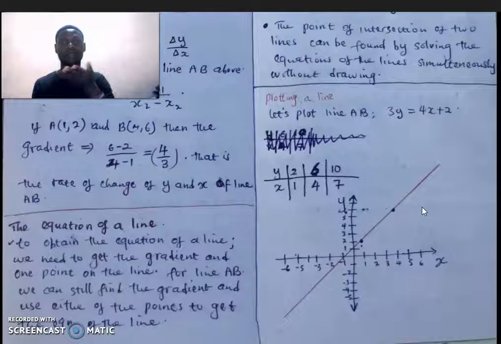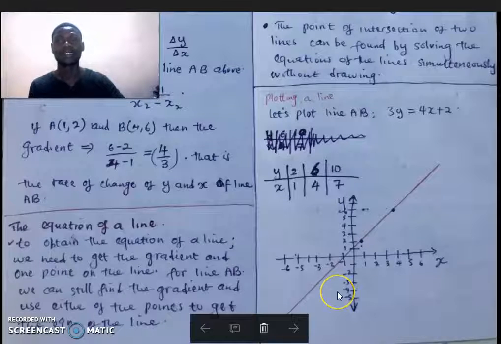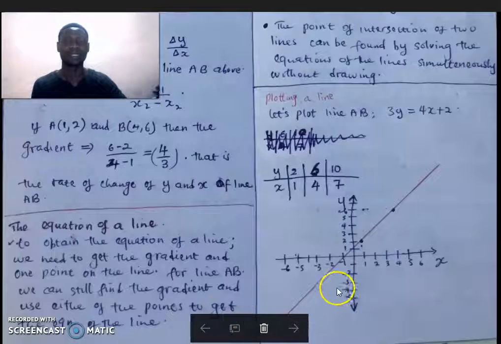It has a positive slope. Other lines will have a negative slope and this will be slashing backwards, and some other line will have a gradient equal to 0.